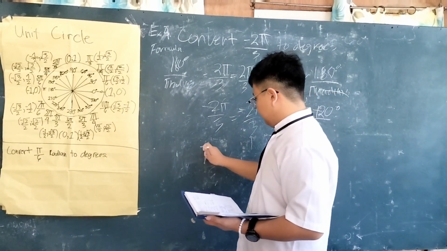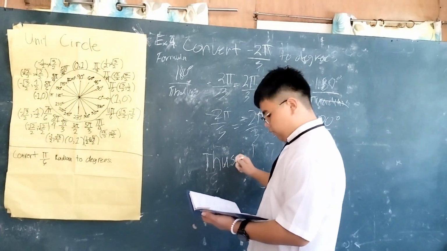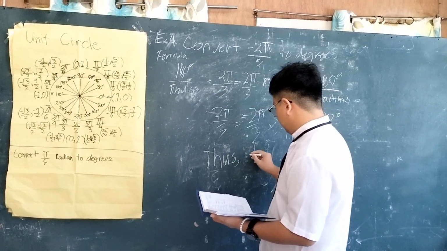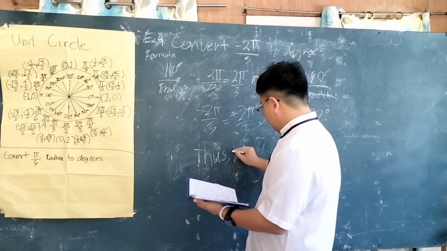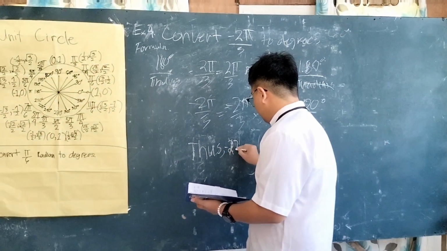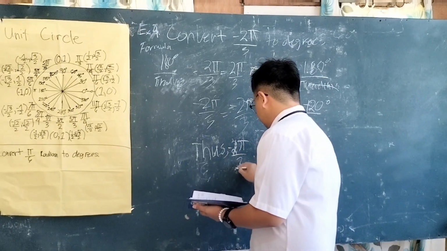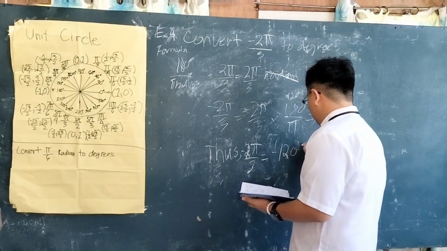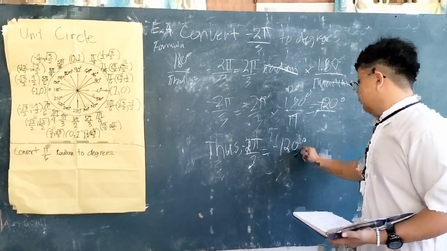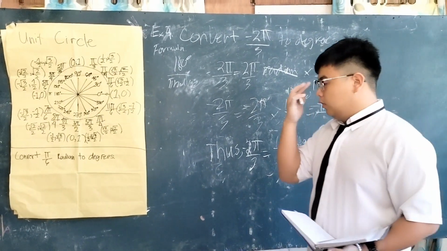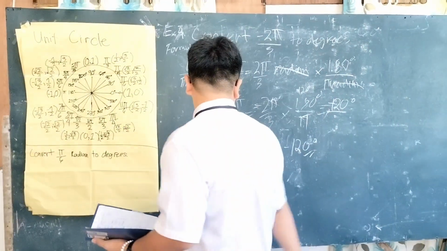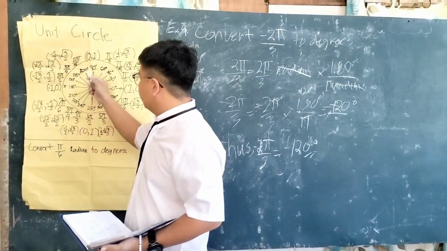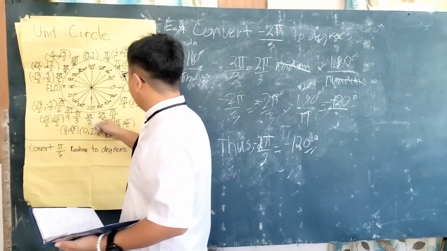Thus, negative 2 pi over 3 is equivalent to negative 120 degrees. So we need to check the unit circle to see if it's correct. Let's find negative 2 pi over 3.